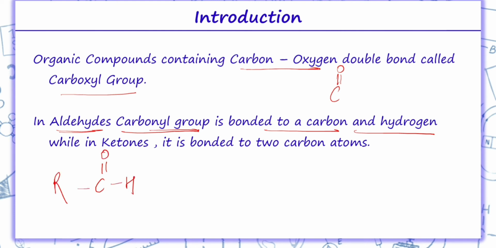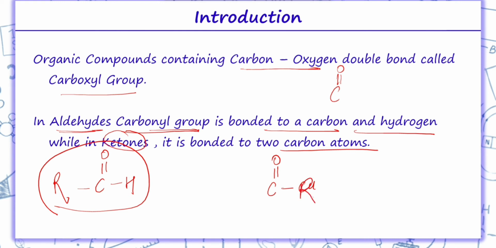So here it will be alkyl group. This is aldehyde. While in ketones, this carbon oxygen is bonded to two other carbon atoms. Thus, it is CO with alkyl group R and here R dash.